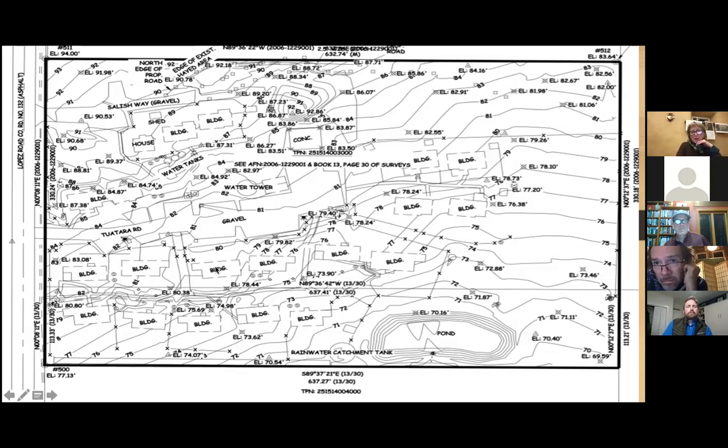But when you look at a building like this, you can see the elevation here is at 81, and then at 80, and then here's a hub at 78. So you've got almost 2 feet of drop there.